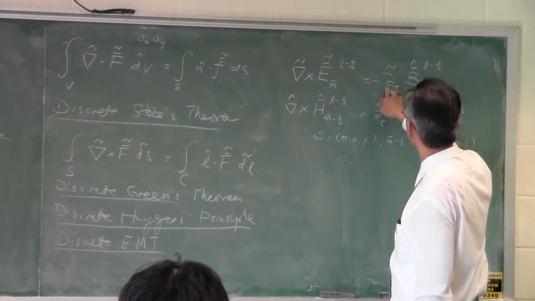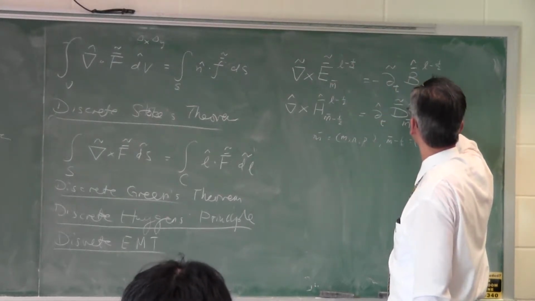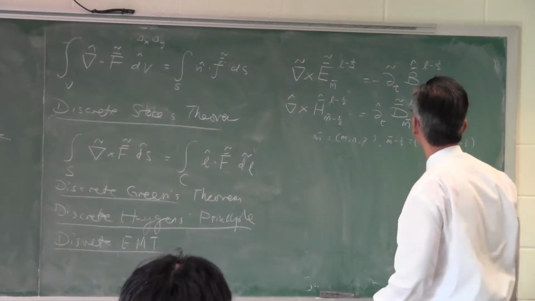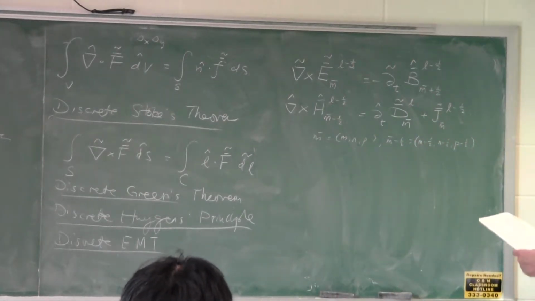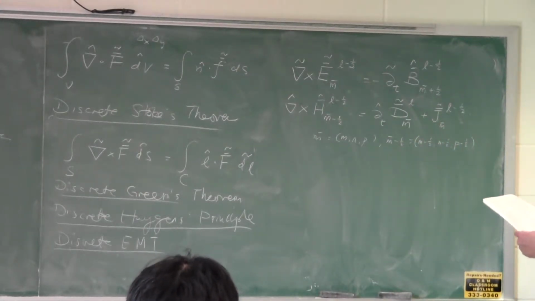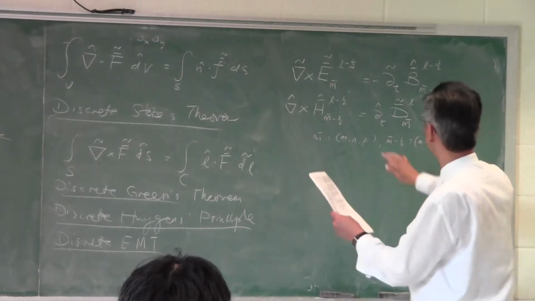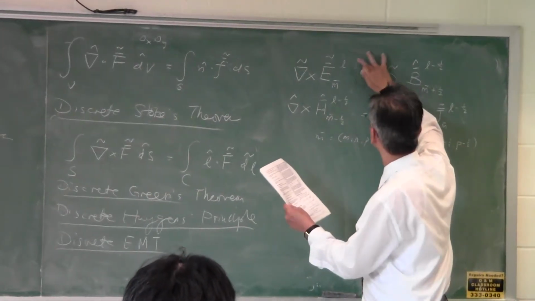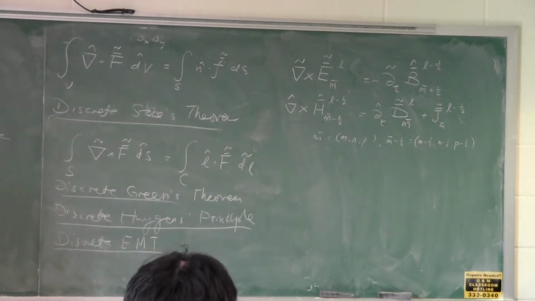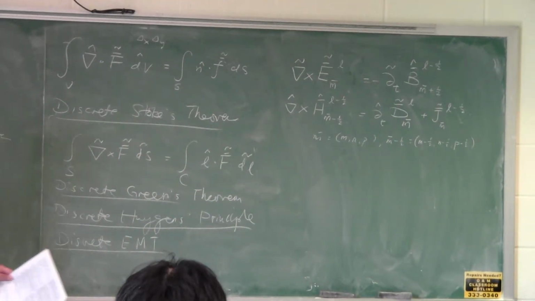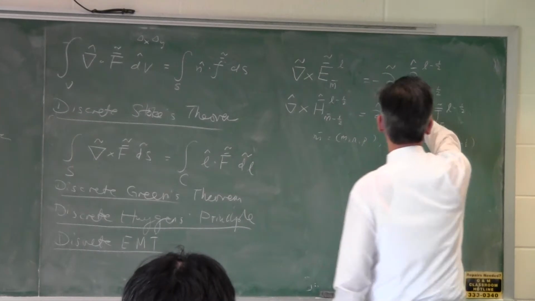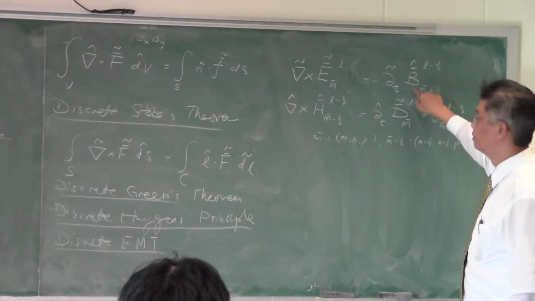Because this is the forward difference operator operating on this, it gives you something that is, did I have it right? Oh, okay, I have it wrong. It should be no L minus half there. So this is a forward difference in time.